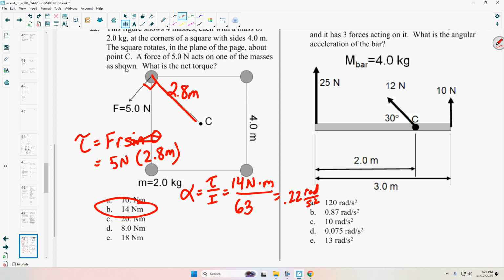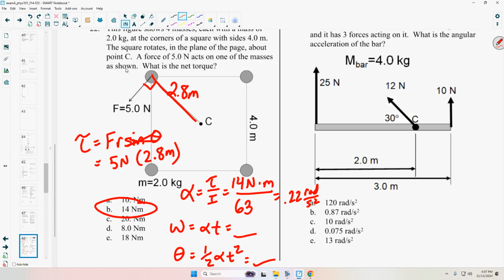If I wanted to know omega or theta, omega would be equal to alpha t, and theta would be equal to 1/2 alpha t squared, and I could find one of those quantities for a given time. That's not what this question was asking, but there are other questions that ask for similar outcomes.